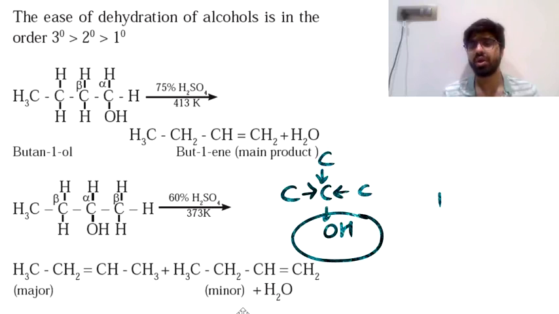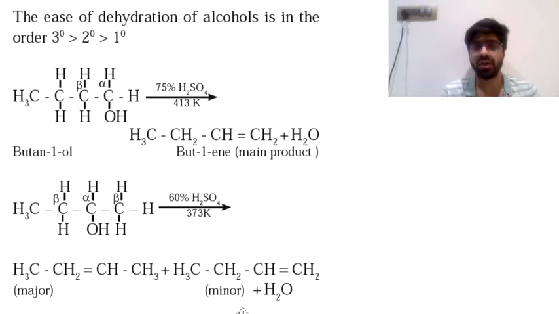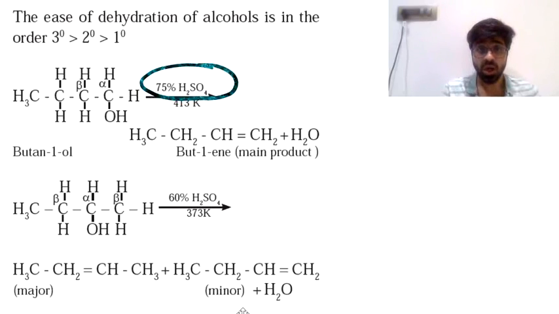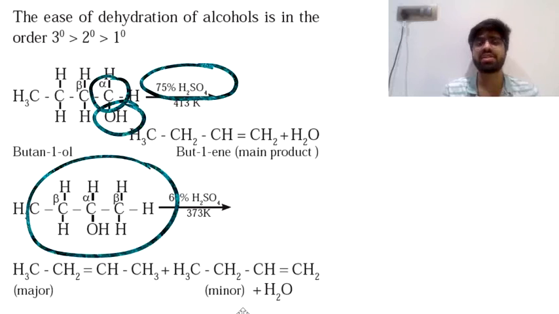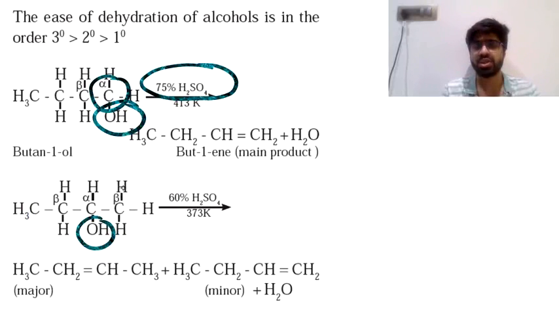You can check that with the concentrations of H2SO4 that are required. You require 75% H2SO4 concentration for removing OH from a primary carbon atom, but in the second case, this OH is attached with a secondary carbon atom, because this carbon atom is attached with a carbon atom here and a carbon atom here. So it is a secondary carbon atom, and the OH here is getting a push from a secondary carbon atom, which is getting inductive effect from two alkyl groups.